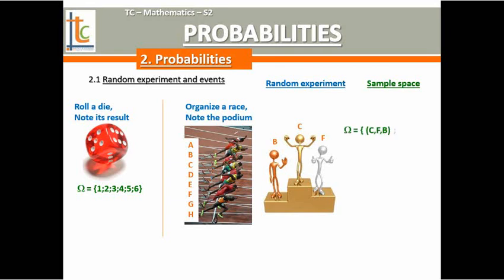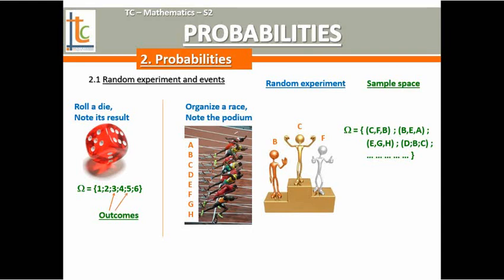But of course, it could contain the podium BEA, the podium EGH or DBC, and so on. And your goal is to be able to calculate the number of elements of omega without being obliged to write them all. This is our main goal here, and we use combinatorics to calculate this kind of thing.